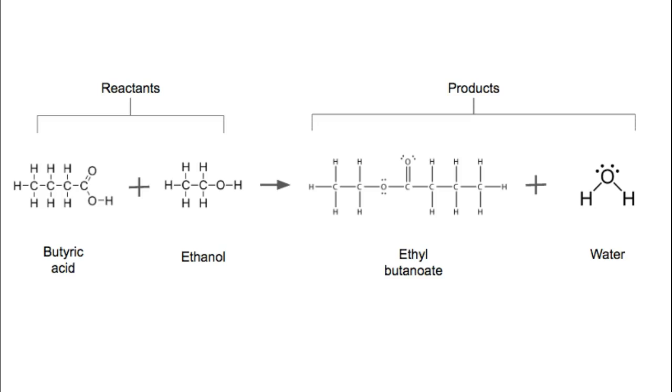Okay, so here is an example of a chemical reaction. We have butyric acid, and we know this is an acid because it contains that little functional group right there. And we combine it with an alcohol, which we know is an alcohol because it has the little functional group right there. And when we chemically combine these, we get an ester, which we know is an ester because it has the carbon, oxygen, carbon double bonded oxygen to the carbon.